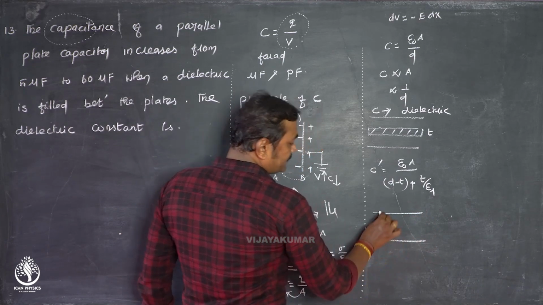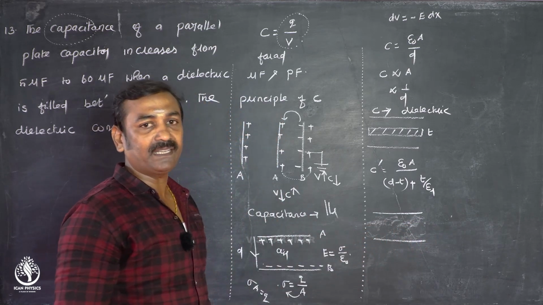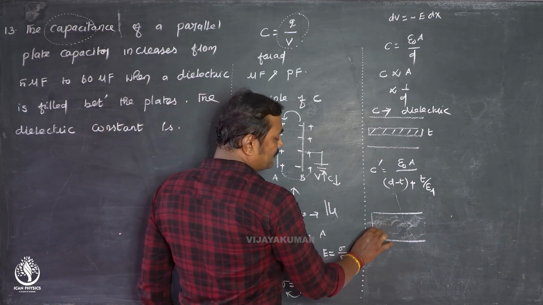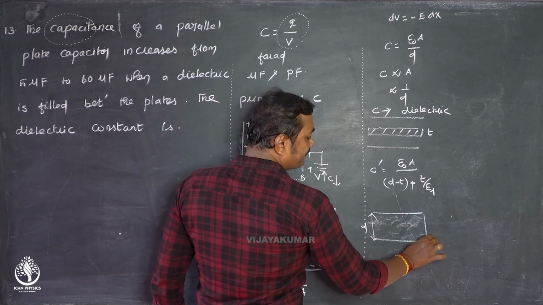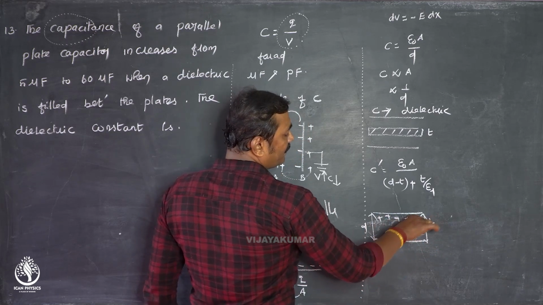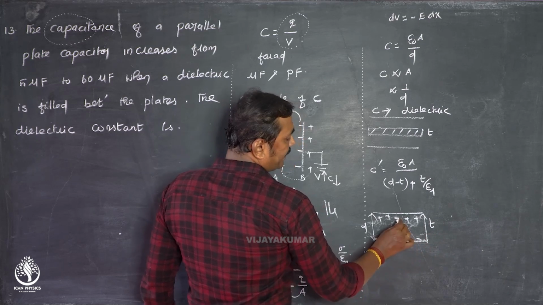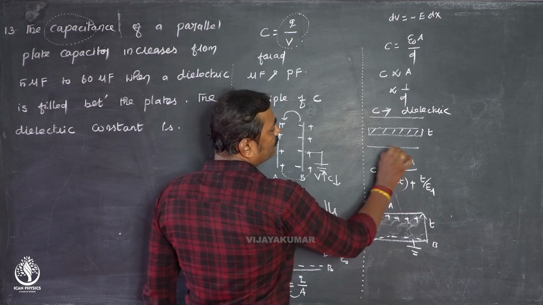Now the parallel plate capacitor is completely filled with the dielectric. The distance between the two plates is D, and the thickness of the dielectric is T. This is plate A and this is plate B, where the outer plate is grounded.